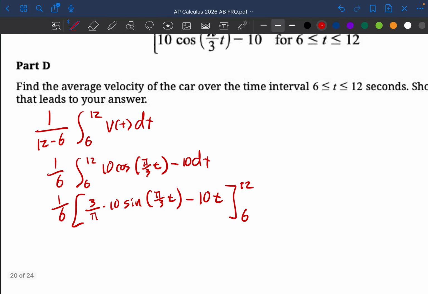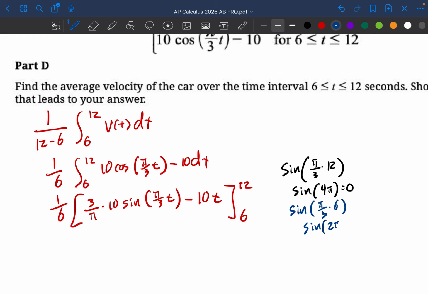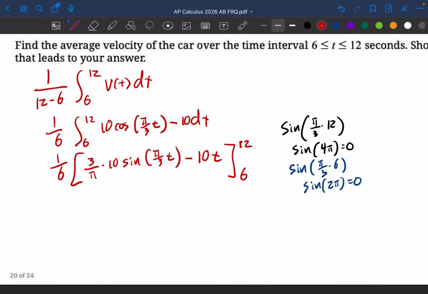But let's remind ourselves, if we plug in 12 for t, we're going to have sine of pi over 3 times 12, which is sine of 4 pi, which is 0. And likewise, if we plug in pi over 3 times 6, that gives us sine of 2 pi, which is also 0. So the 3 over pi isn't something we have to worry about, because that's going to lead to a term of 0 anyway.